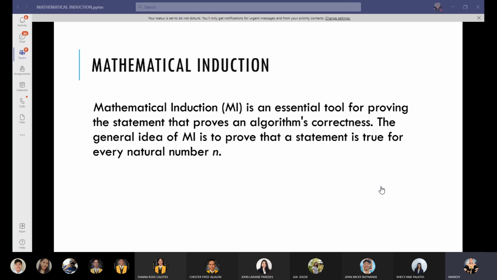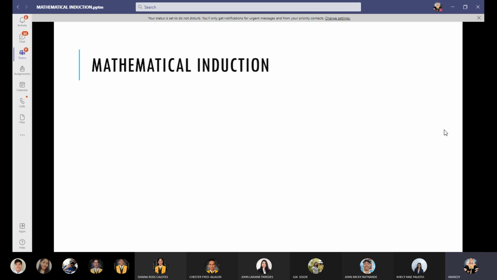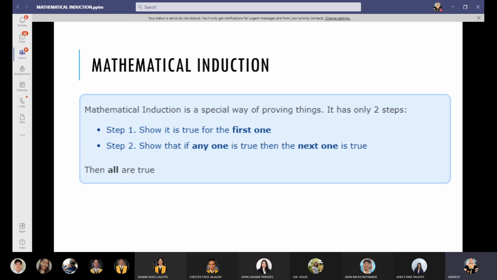Part of today's activity is work for you to do. I think I prepared three activities for you this afternoon. Okay? Mathematical induction is a special way of proving things, which includes showing it is true for the first one, and showing that if any one is true, then the next one is also true.